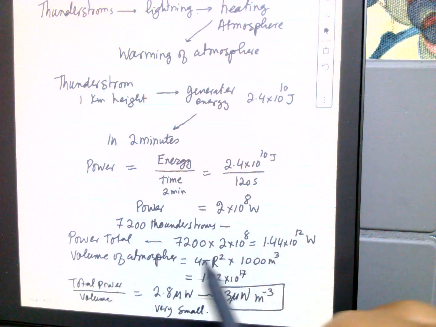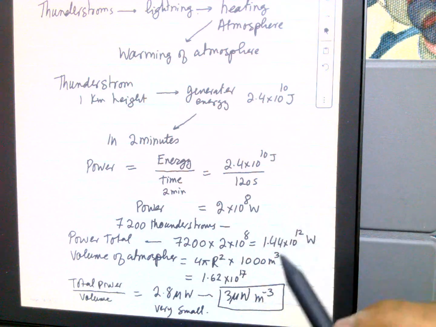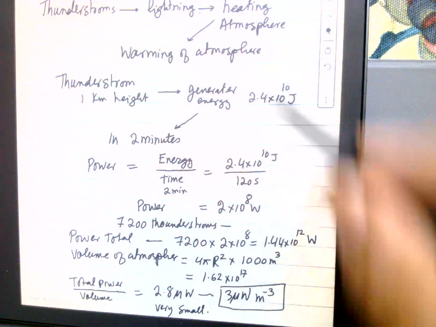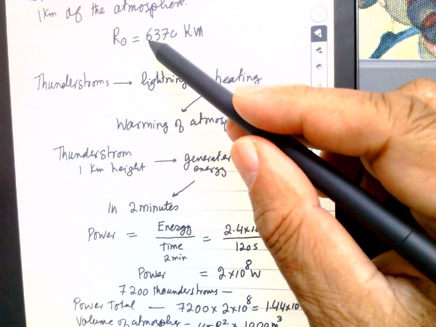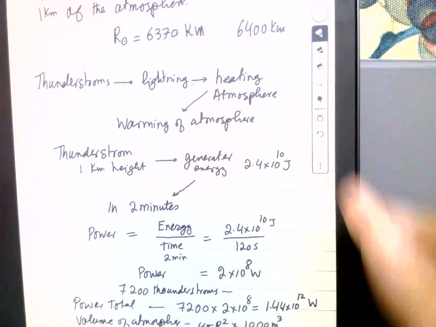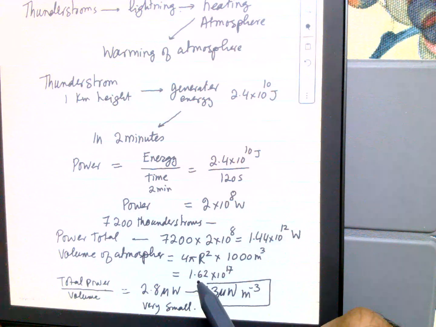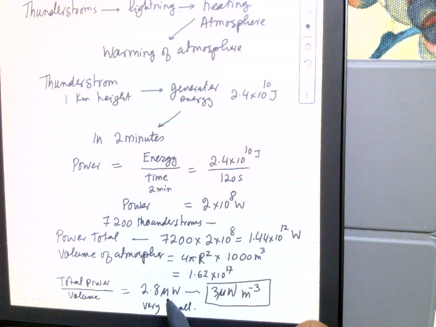This power will be distributed all over the atmosphere. The volume of the atmosphere will be the surface area of the Earth, 4πr², multiplied by 1 kilometer height, which is 1,000 meter, in cubic meters. Using the radius of the Earth, 6,370 kilometer, or sometimes we take 6,400 kilometer, the volume will be 1.6 × 10^17 cubic meter, and the power divided by the volume will be 2.8 microwatt, or 3 microwatt.